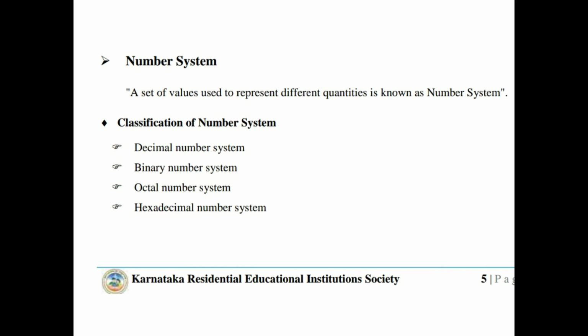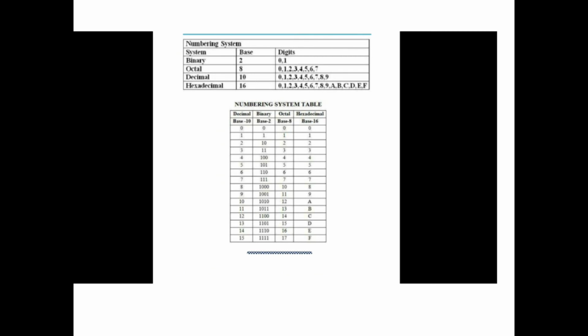Let us see one by one. In the binary number system, the base is 2, and the digits used are 0 and 1. Two digits are used, so it is called binary. Second one, the octal number system.